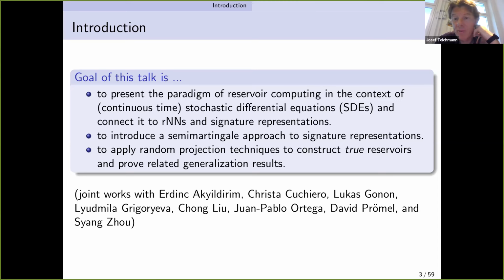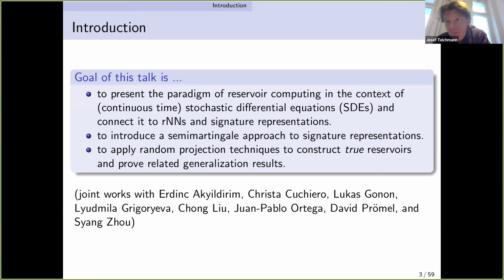There is Krista, Lucas, Ludmila, Juan Pablo, and myself, who are working on discrete and continuous time, continuous trajectory, signature representations and randomized signature representation. There's John Liu from Oxford and David Brunner from Mannheim. We are working on semi-martingale signatures.